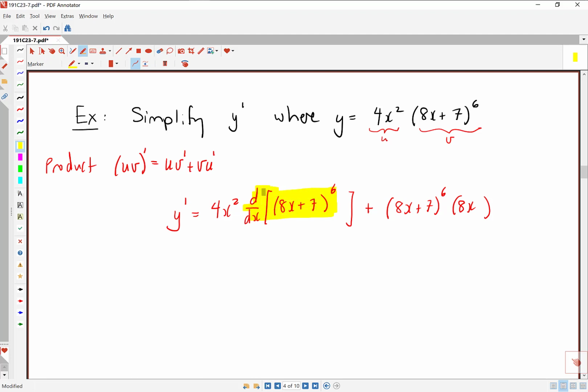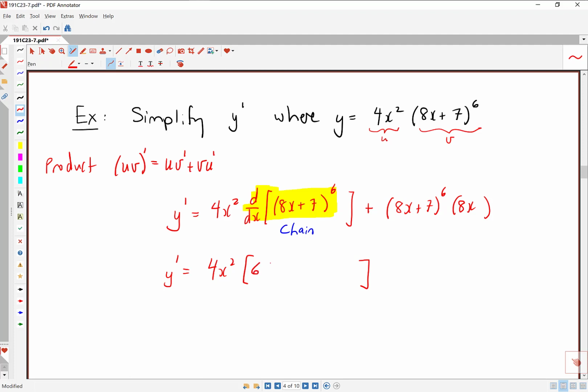Looking ahead, thinking about how to take that derivative, we'll notice that we've got this inside function, 8x plus 7, and then something else is happening to that. That's being raised to the 6th power. So we're going to need the chain rule to calculate that part of the expression. So y prime is equal to 4x squared times, in the square brackets, we're going to do the chain rule.